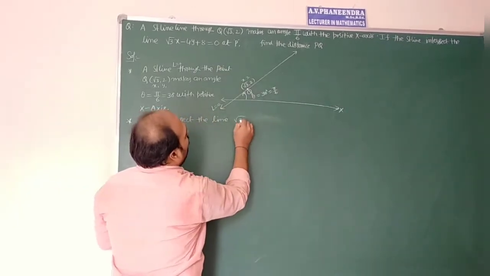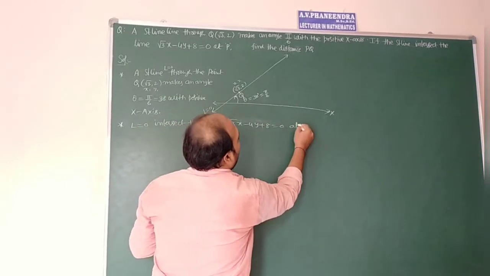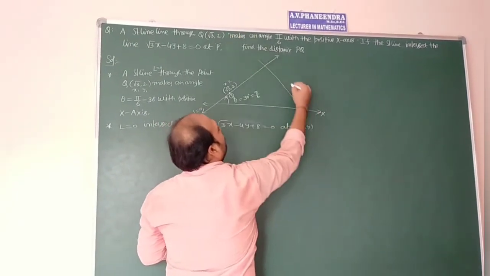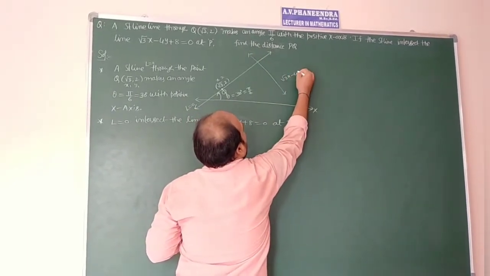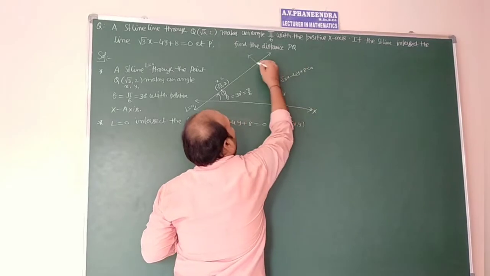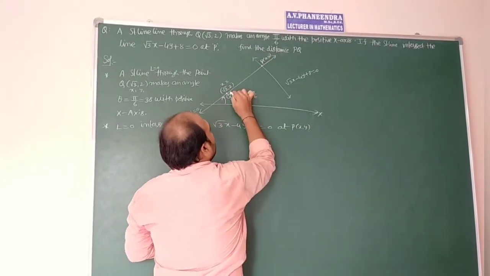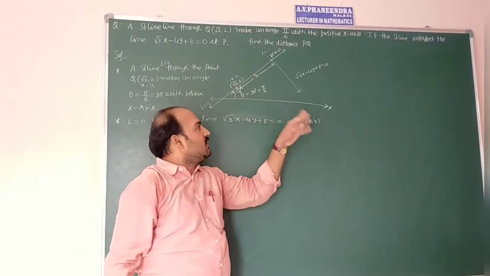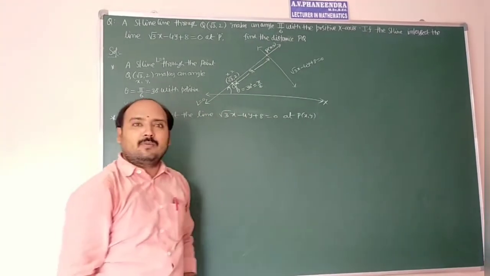Given root 3x minus 4y plus 8 equal to 0 at P of x comma y. They are asking to calculate the distance between these 2 points. This line is intersecting the line L is equal to 0 at the point P of x comma y.